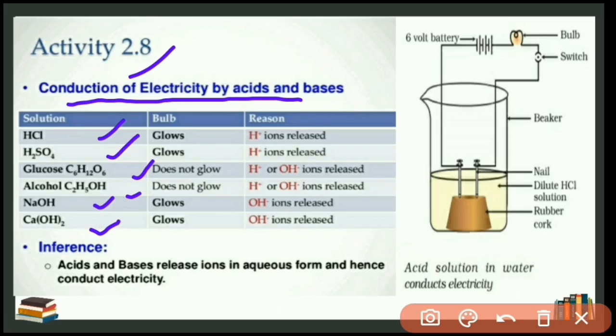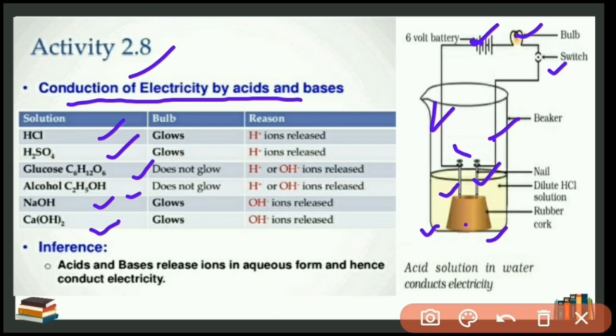To set up the experiment, two nails are connected with a cork, and this cork is placed in a 100 ml beaker. Connect wires to the different terminals, with a 6-volt battery connected with wires, and also a bulb and switch connected with wire.